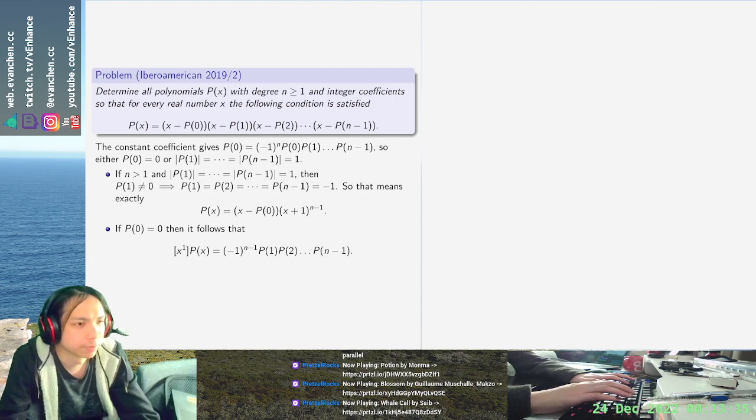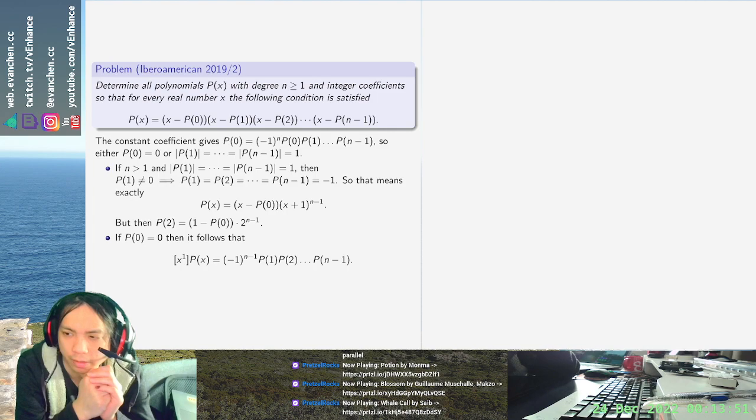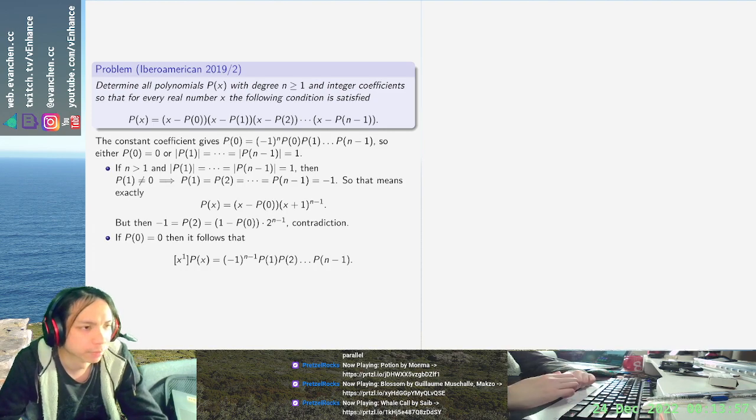Two minus p of 0. Yeah, that's not going to fly. So for n greater than 1, you're going to die. So that at least takes care of the case where p of 0 is not equal to 0.